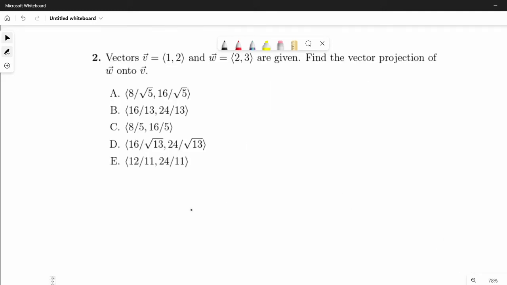For number 2, we're given vectors v and w, and we find the vector projection of w onto v. So here, the projection of w onto v would be equal to v dot w over the length of v squared times the vector v.